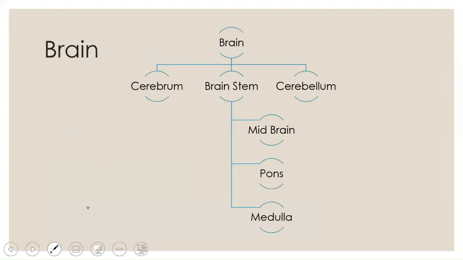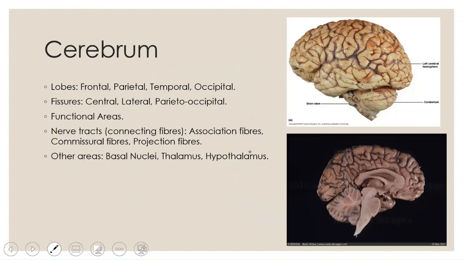Then if you look at the brain, you can again divide it into many parts. You mainly have the cerebrum, the brain stem, and the cerebellum, and the brain stem can again be divided into three: the midbrain, pons, and medulla. If you look at the cerebrum, it's the main part, right? You have different lobes, different parts.